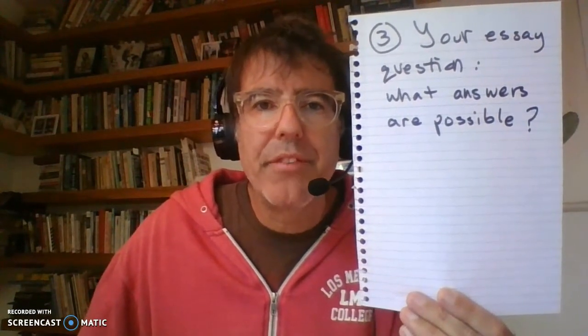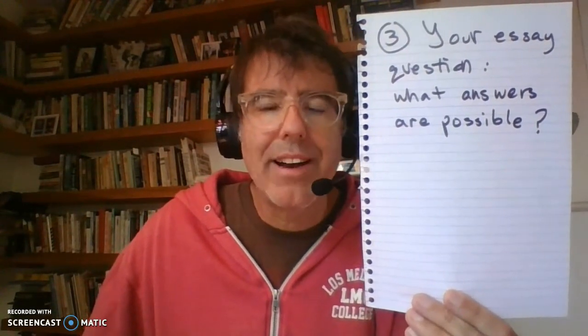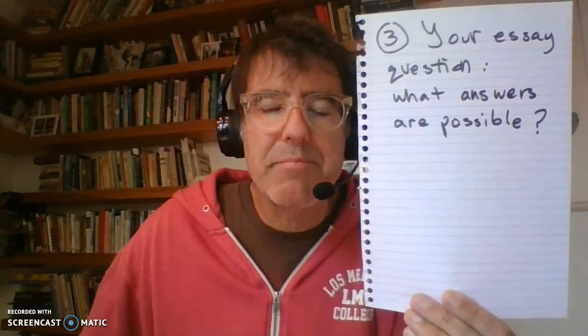So for example, if you're doing Essay 1, the question asks you whether Ta-Nehisi Coates is justified in saying that police target the black body. So what answers to that question are possible? Well, you could say, yes, Coates is justified.